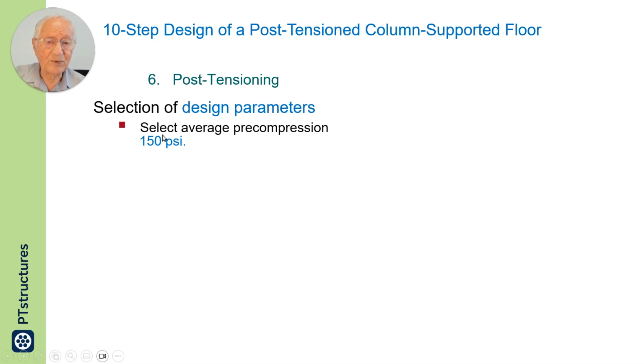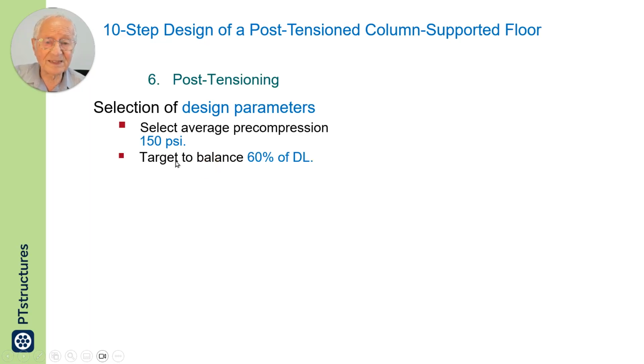So we assume 150 psi, that is one assumption, as input. It can be 200. The code says 125, which is the minimum code requirement, but I have assumed 150 psi here.